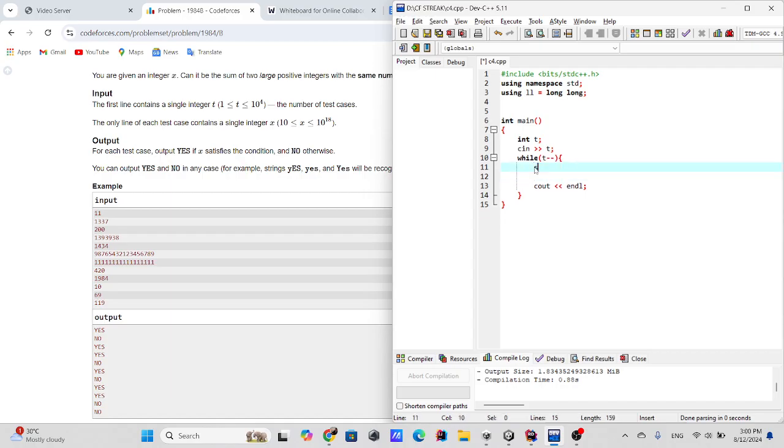I will use a string so that we can easily achieve it. Maybe 1 here? Yeah, 1 will be okay. If s minus 1 is equal to 0, then ok will be 0 and break.